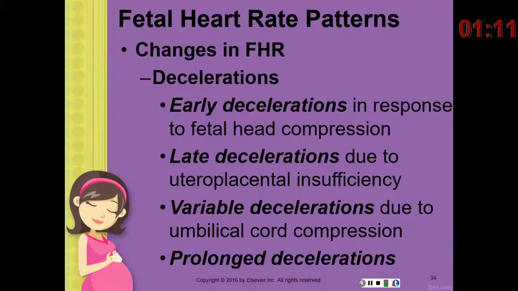We will talk about that quite a bit. All right, so you guys know that accelerations are good. Okay, accelerations are good. They're a sign of fetal health, well-being.